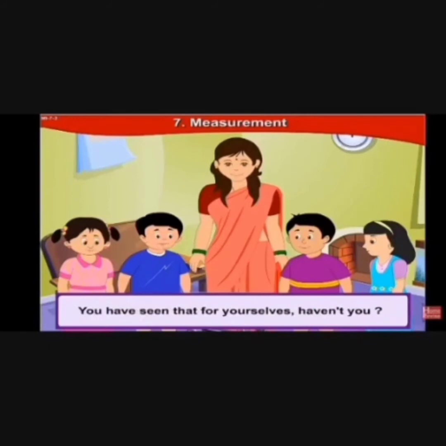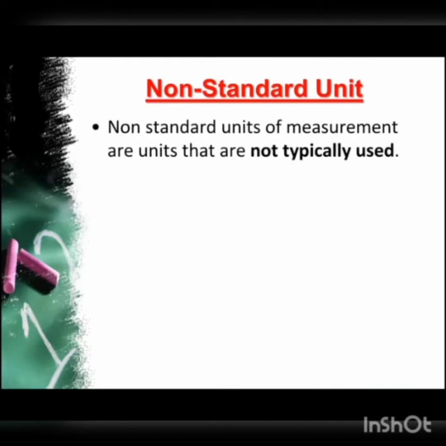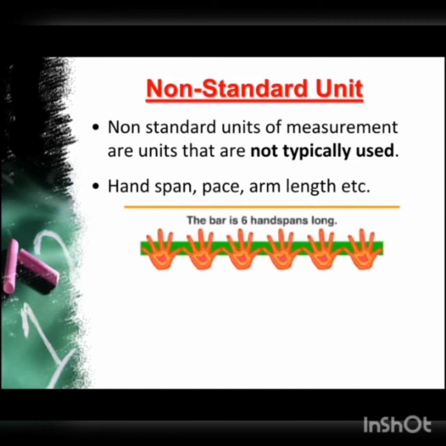Obviously, yes. So, we can say non-standard units of measurement are units that are not typically used. For example, handspan, pace, arm length, etc. Here in this picture you can see the length of the green bar is 1, 2, 3, 4, 5, 6 handspans.